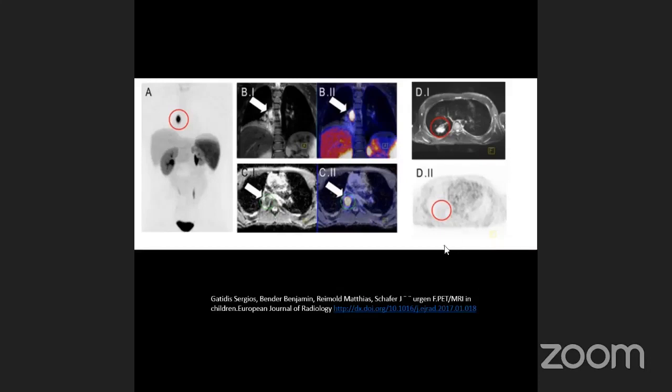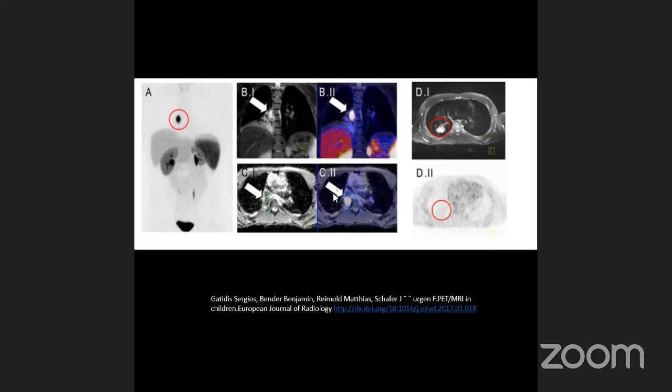But if you do this tracer, which is specific to detect the neuroendocrine tumor, the most common, well differentiated neuroendocrine tumor, which one is it? It is carcinoid tumor, right? So this is carcinoid tumor, which has high activity, okay?